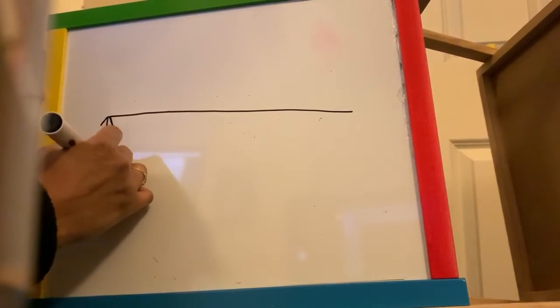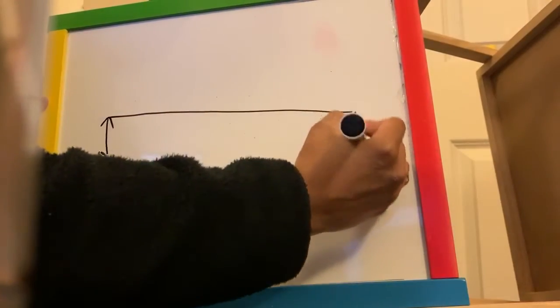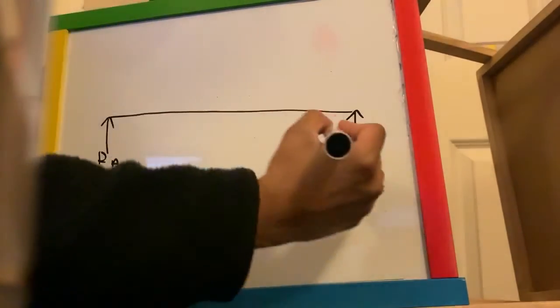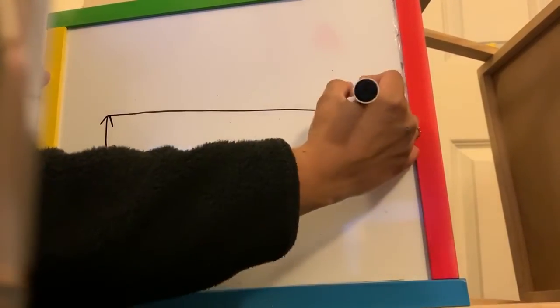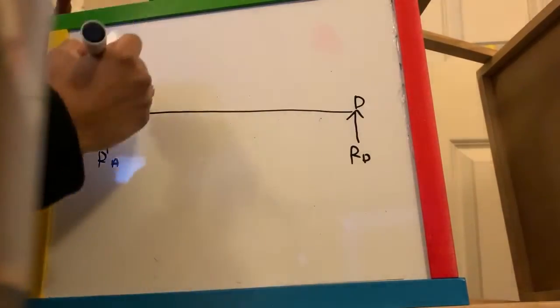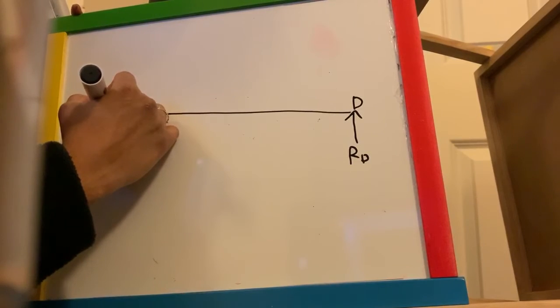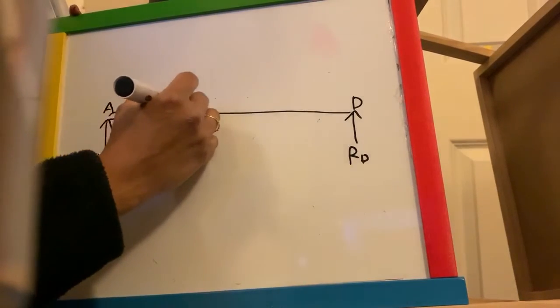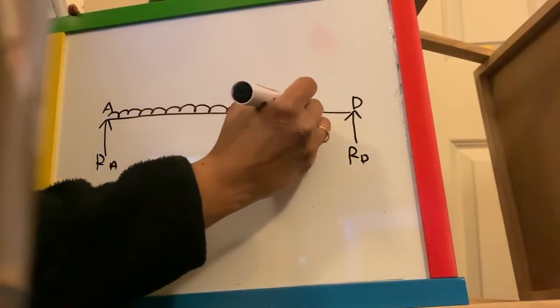On slide 27, we have a beam like that, and you can see that there are supports RA and another support RD, and you have a uniformly distributed load distributed throughout the beam.